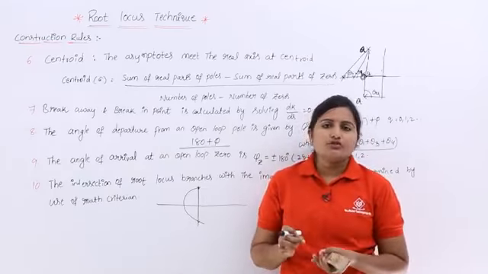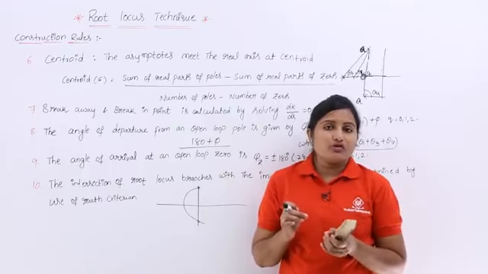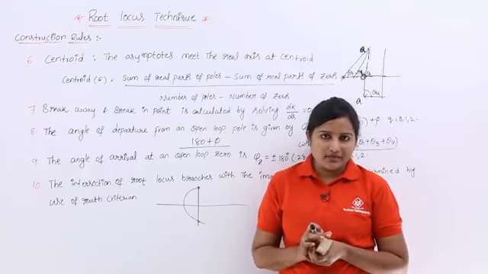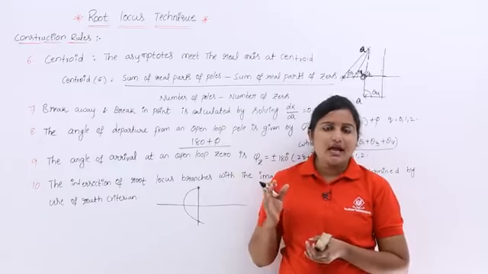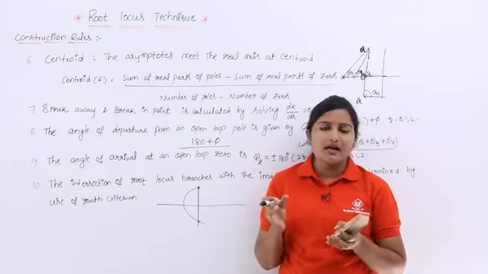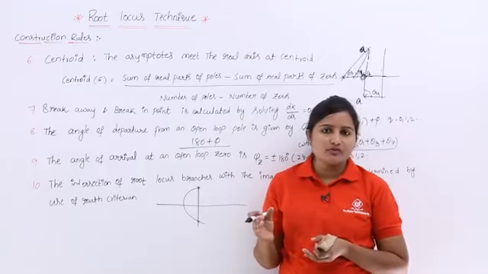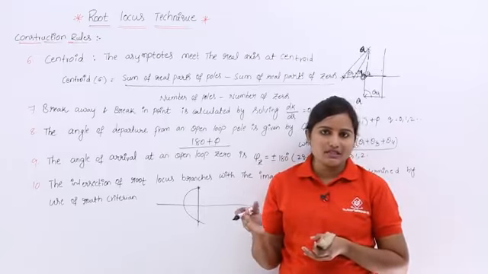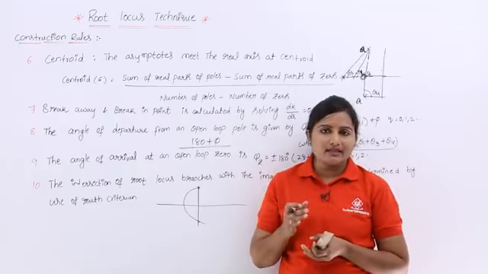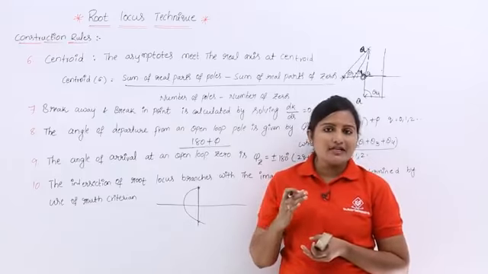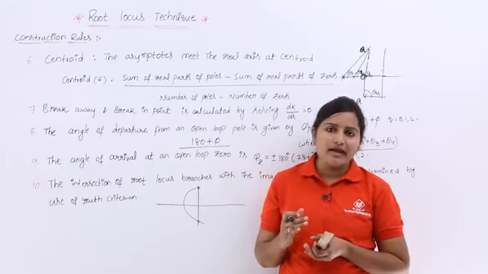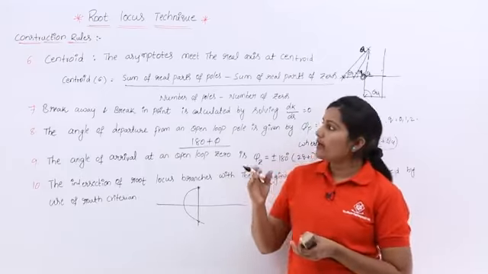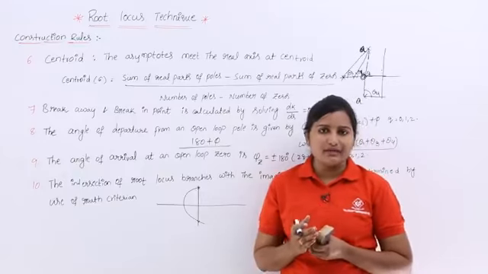What you need to keep in mind when you are drawing your root locus diagram is, the root locus is always symmetrical about the real axis, and you need to find out the number of poles and zeros. By taking p minus z or z minus p, you are going to get the number of branches. After getting the number of branches, you need to find out the angles made by those branches or asymptotes, by using the asymptote angle equation.